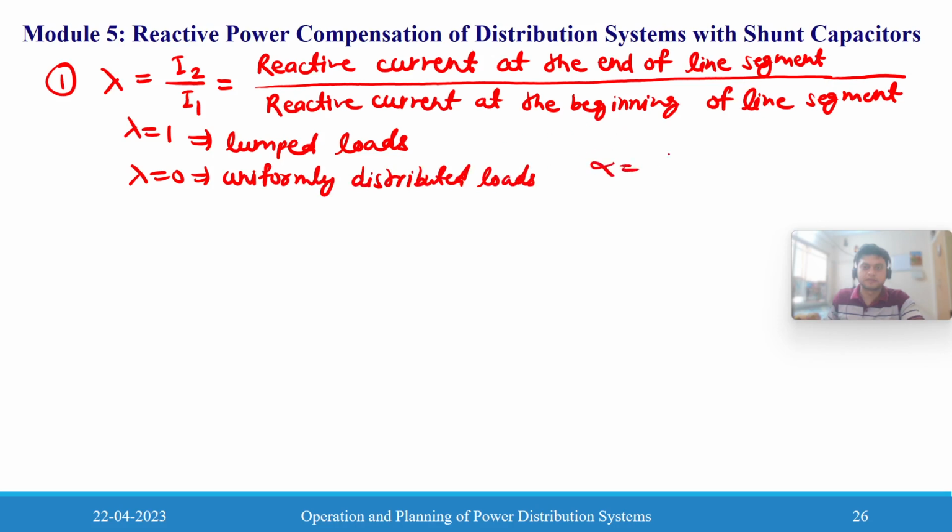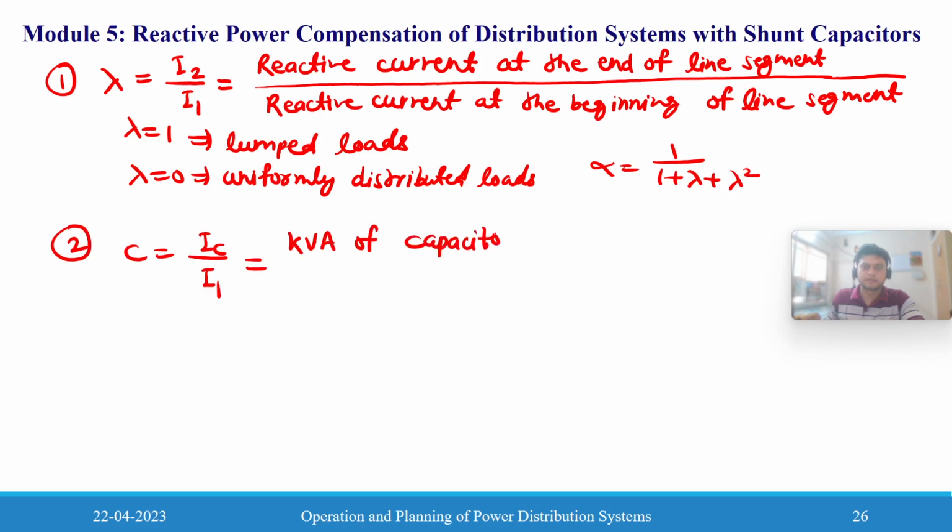And alpha is equal to 1 divided by 1 plus lambda square. And the second term is C equal to IC divided by I1, that is, kVA of capacitor installed divided by total reactive load.